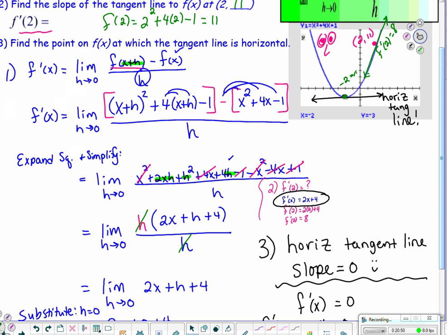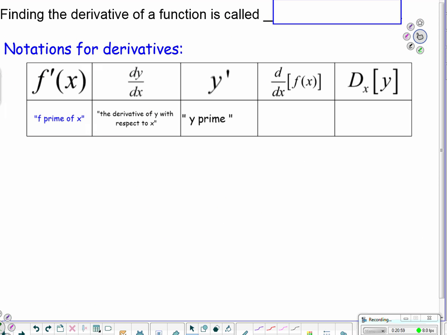That's a lot of what we're going to be doing in Chapter 2, working with these derivatives, finding slopes at a point, which is sort of unusual, but we can do it because calculus allows for it. Finding the derivative of a function is called differentiating. Long word, a lot of syllables. Notations used for derivatives.